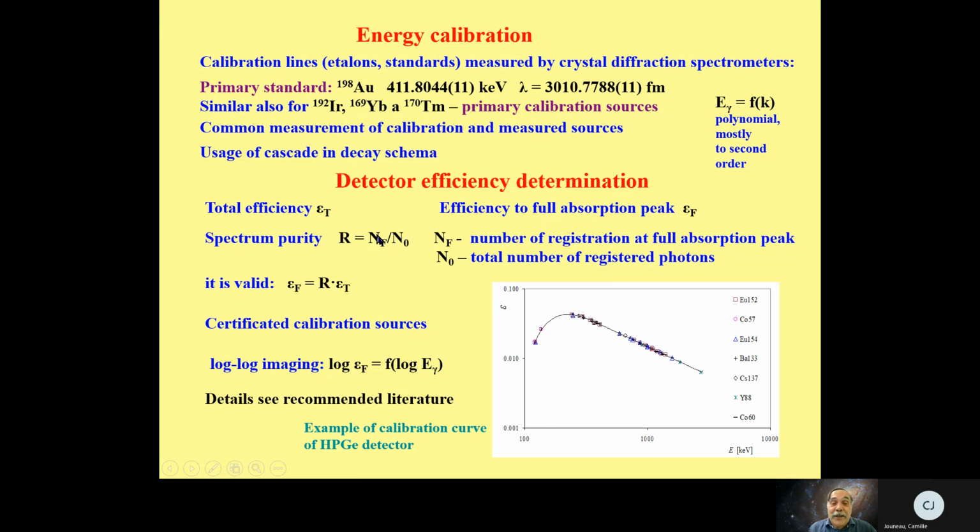That means it is the ratio between the efficiency of the photopeak and the total efficiency. The relation between photopeak efficiency and the total detection efficiency is given by this relation, where R is the spectrum purity.